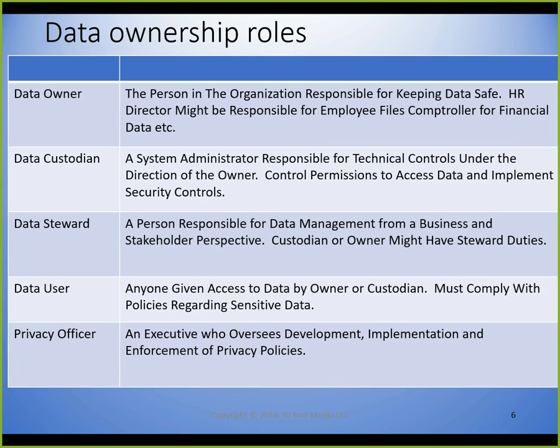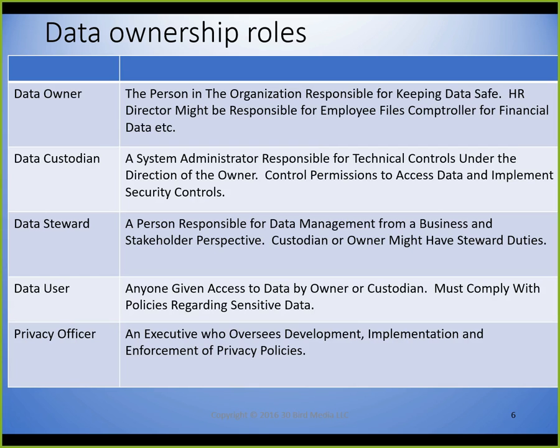When we look at some of these things, we have the data owner, the data ownership. So we've gone from personally identifiable information to now we're going to talk about data. And the ownership itself, the owner is the person responsible for keeping the data safe. The HR director might be responsible for employee files, the comptroller for financial data, and on down the line. The data custodian is the administrator responsible for the technical controls.